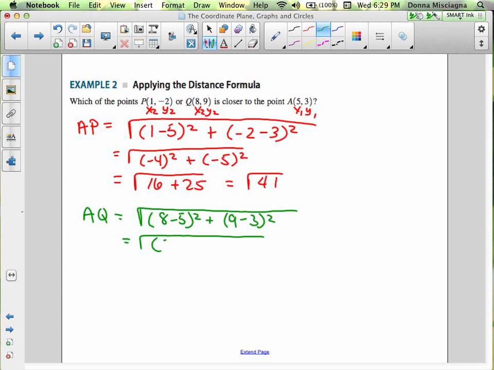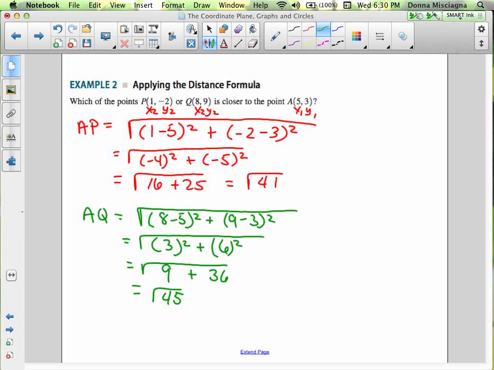So 8 minus 5 is 3 squared. 9 minus 3 is 6 squared. That would give us 9 plus 36, which is equal to the square root of 45.